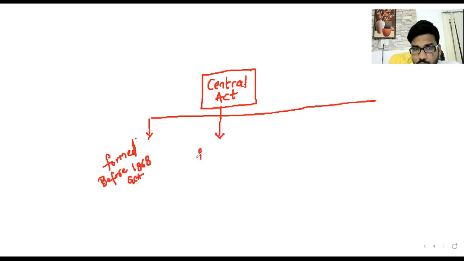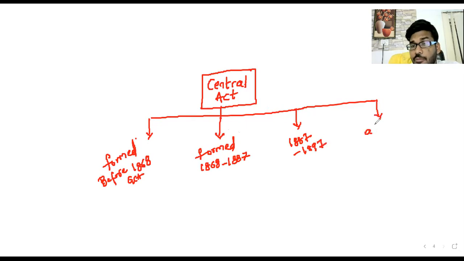Central Acts are formed between 1868 and 1887. Central Acts are formed between 1887 and 1897. Central Acts are formed after 1897. Listen carefully, sir.